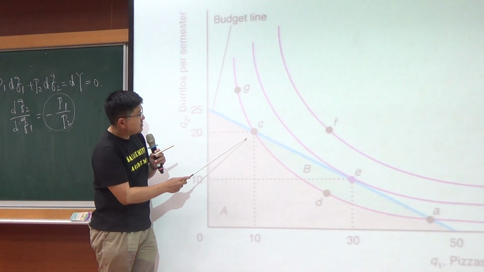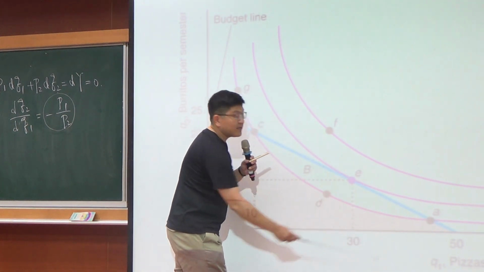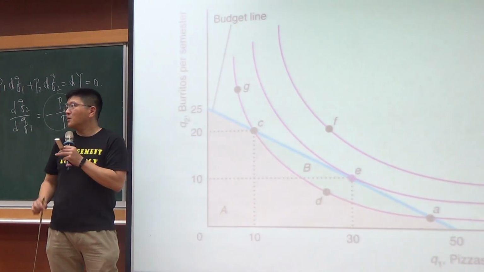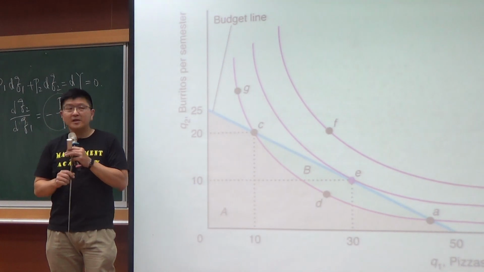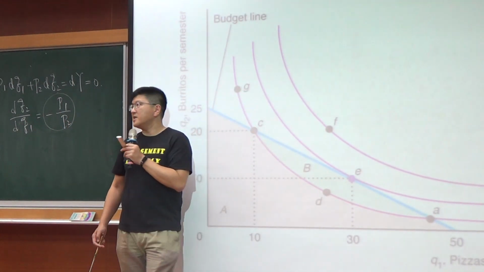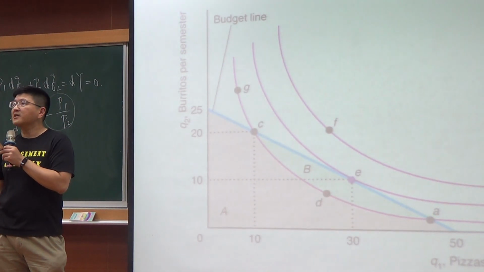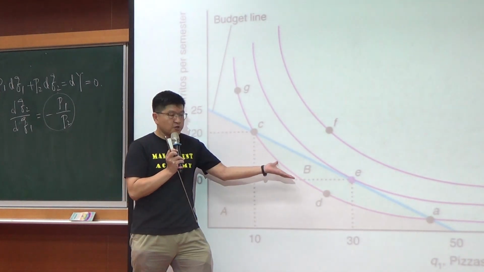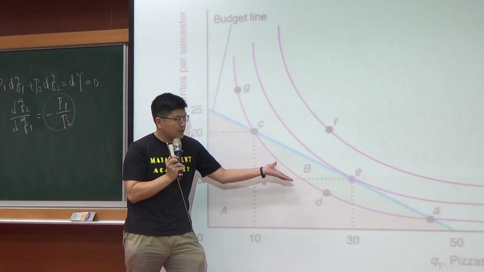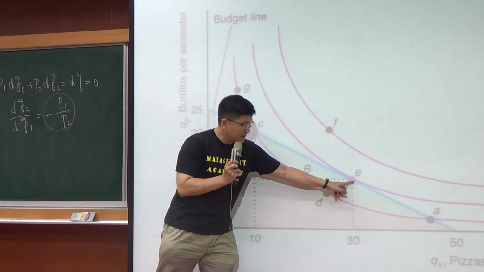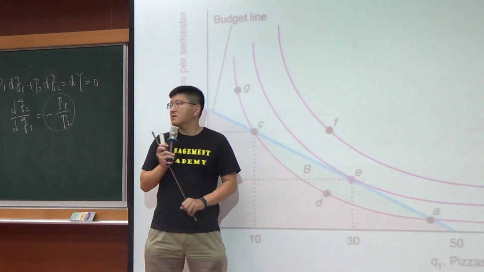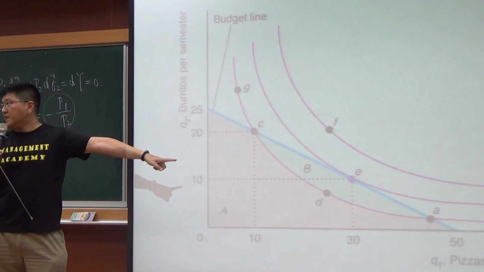And we may consume C or D or point A. It's fine, we can afford them, but we are not satisfied because for these three points, the utility level is not high enough. We can still pursue something better. So we try to push the indifference curve outward as far as possible, and then point E. This indifference curve cuts the budget line, or they are tangent to each other at point E.